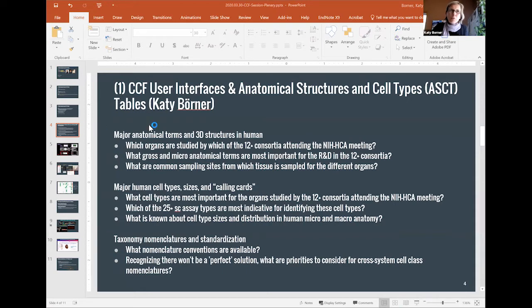So before we can go to these sub questions, let me give you one more introduction, because there was a question of what are these tables like, and so I have another slide set here that I think will be helpful.